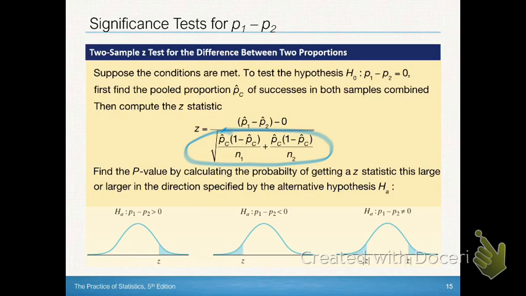Now, when you go to find your p value, if you're going to do it by hand using the table and you're doing a two-sided test, don't forget that you then need to double whatever that p value was. Now, there is a way to do this on your calculator. I'd suggest making sure you watch that video before you go to do the practice problems, because it's much more efficient to be using your calculator.